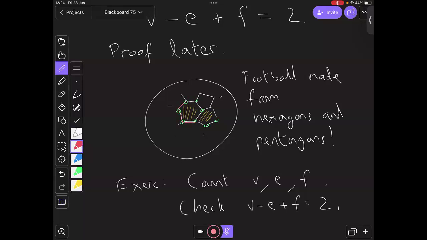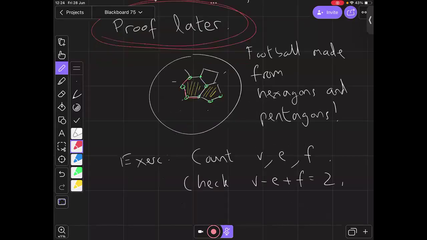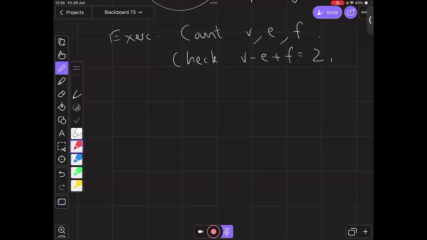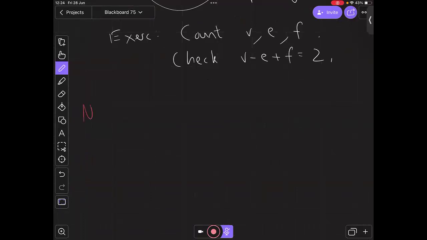So this is something we'll come back to. Okay, so now let's consider the original problem, the 5 solids. Euler's theorem.